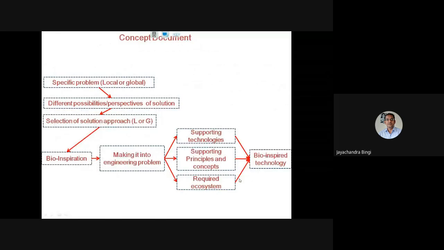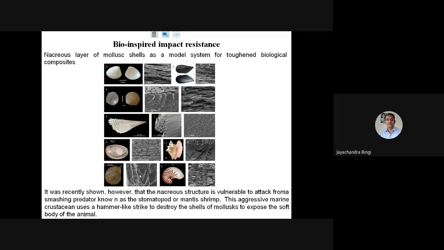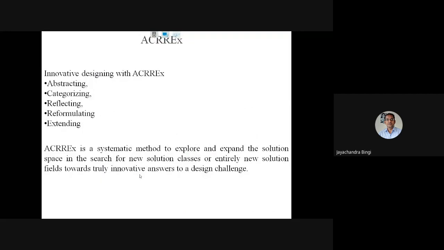Here you see, making it into an engineering problem. That is reformulating. Reformulation is always thinking whether we can enhance it or apply our own ideas to the inspiration to develop it further. So abstracting, categorizing, reflecting, reformulating, and extending all stand for different processes in this particular method.